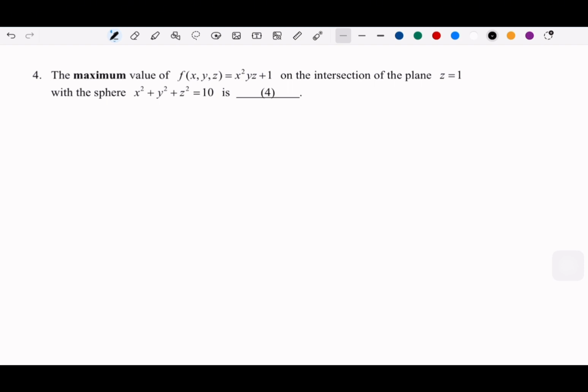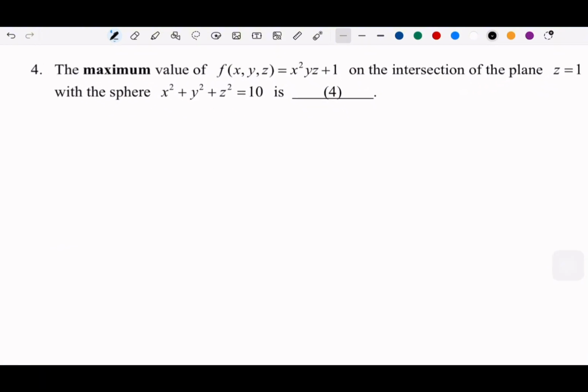So this could be solved by, when z is 1, first the function becomes x squared y plus 1. Let's say this is just a function of two variables.